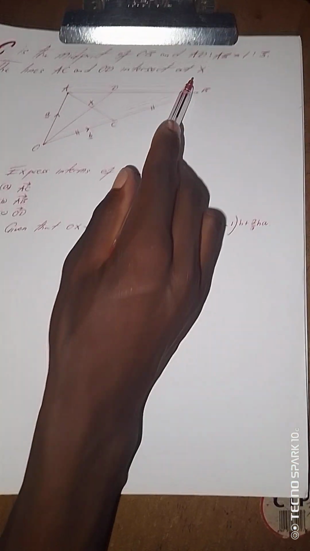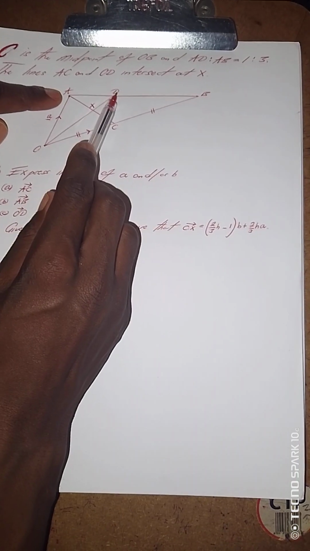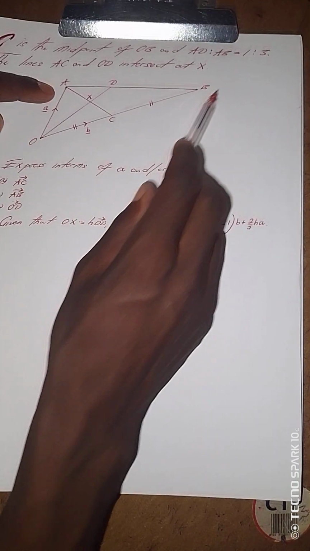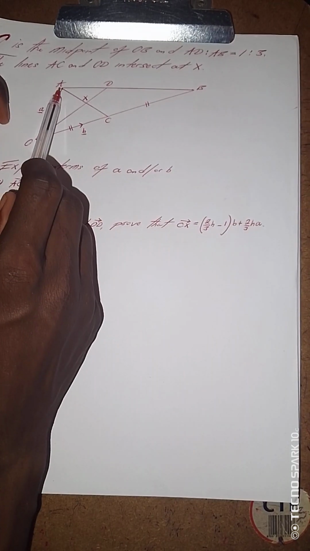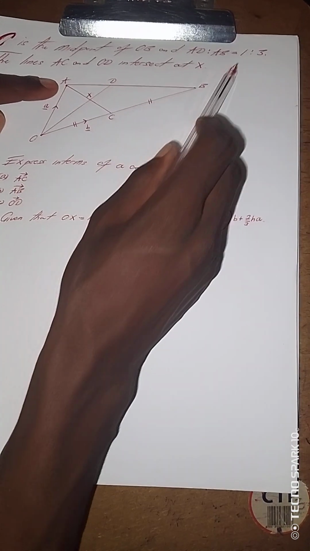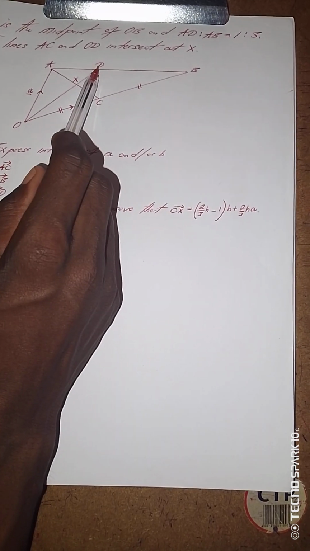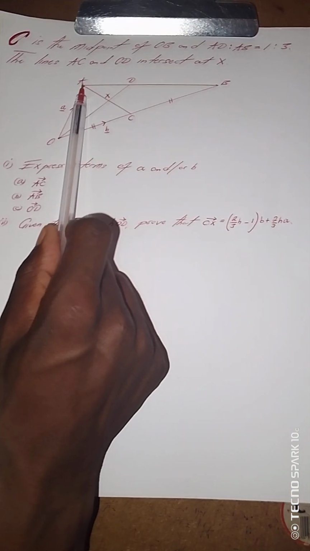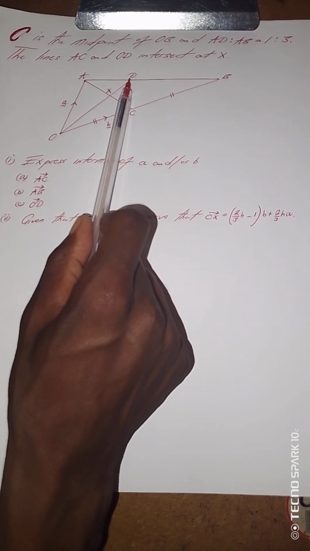So I'll say AD is equal to 1, and AB is equal to 3. So the whole distance AB is equal to 3, but AD equals 1. What about DB? So this 3 is the distance for this, and 1 is for AD.